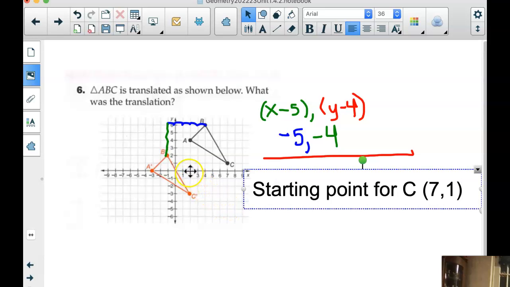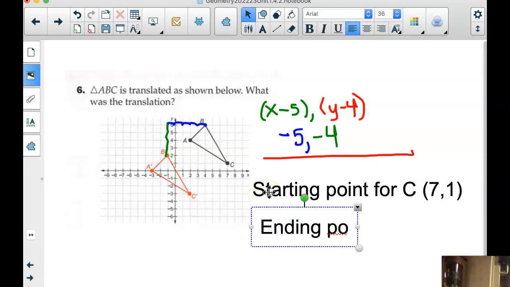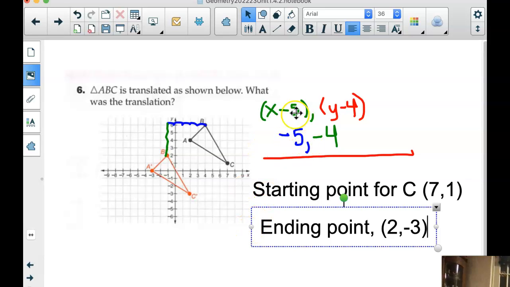Our ending point is 2, -3. So how do I get from 7 to 2? I subtract 5. How do I get from 1 to -3? I subtract 4, so we got it made.